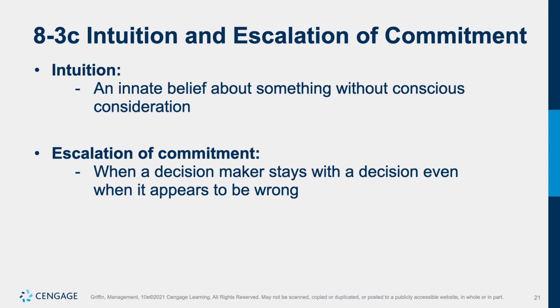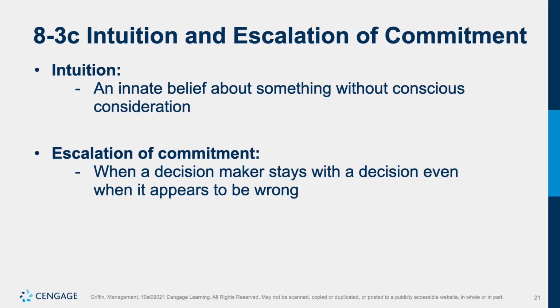But escalation of commitment is when the manager or decision maker who is implementing that choice or alternative notices that it is not producing positive outcomes but chooses to stick with that decision. It may be based off pride, right?